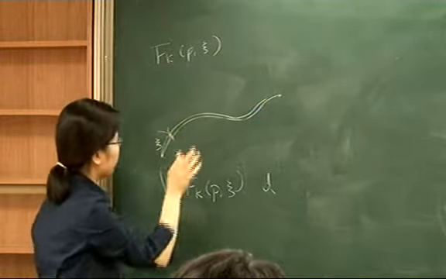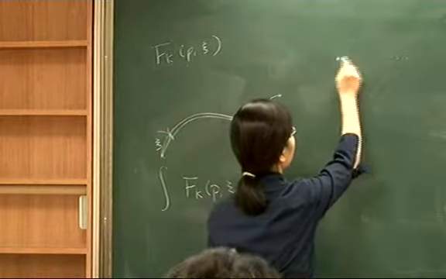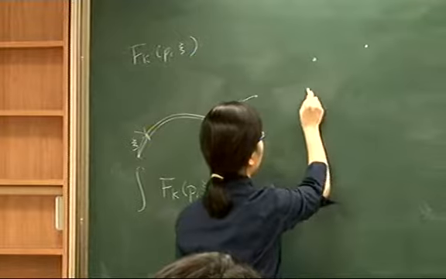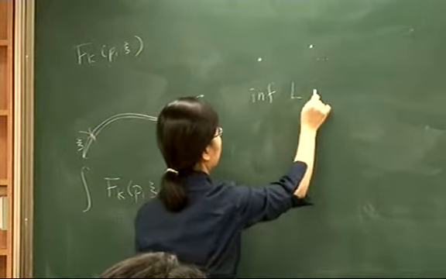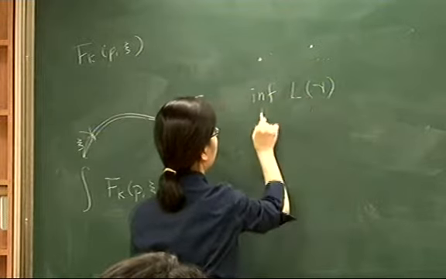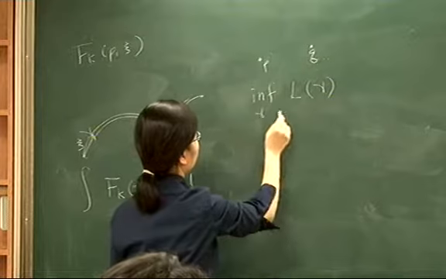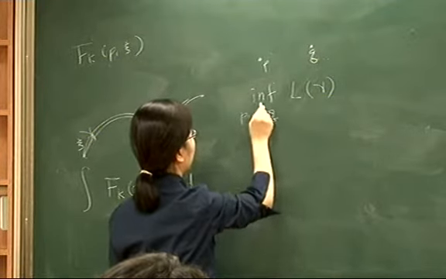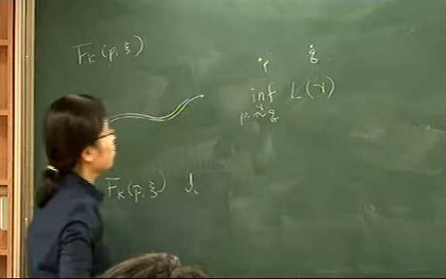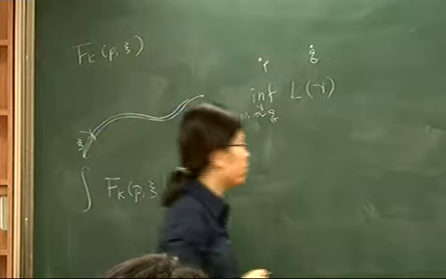And that gives you the length of the curve, and you can define the distance between 2 points by taking the infimum of the lengths of curves gamma, where gamma connects P and Q. So you can define the distance between 2 points using this definition.